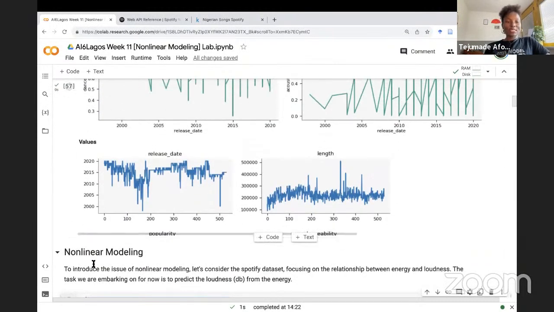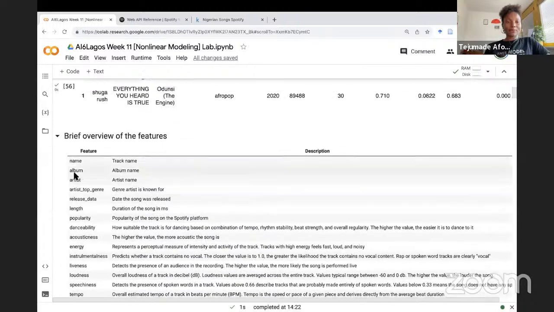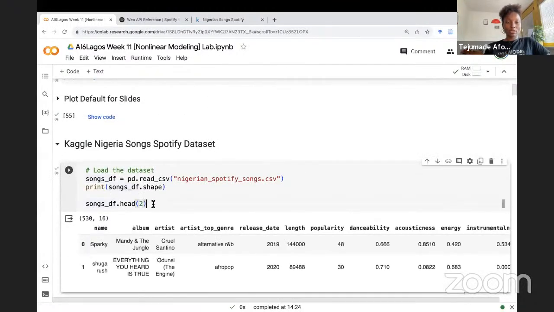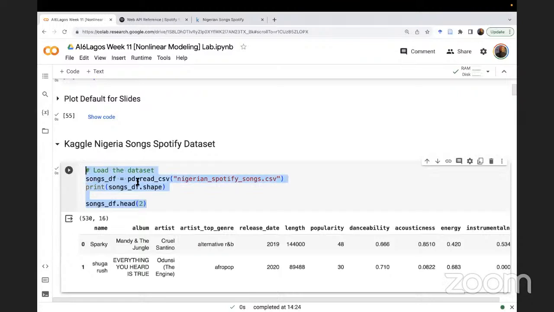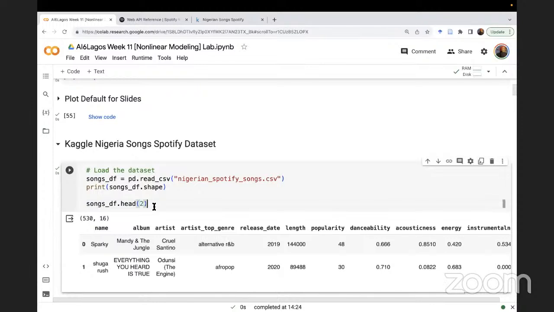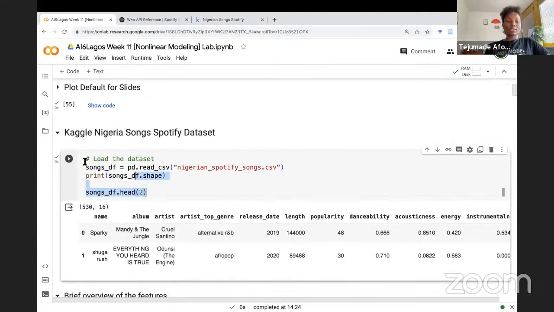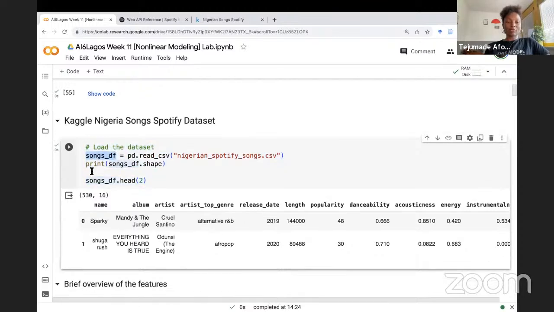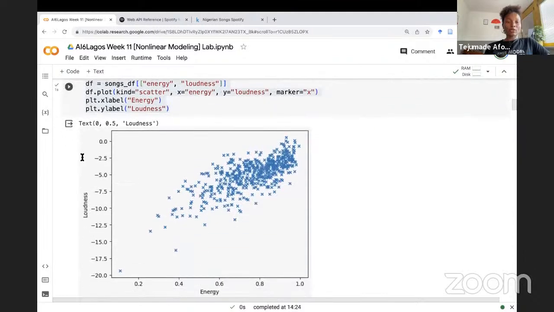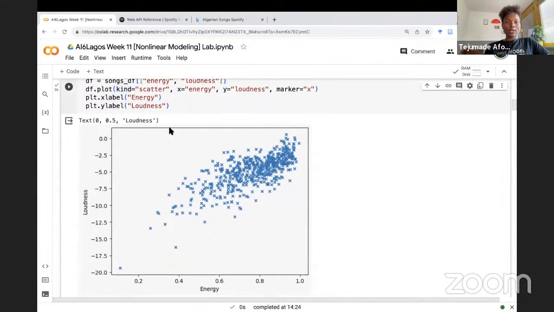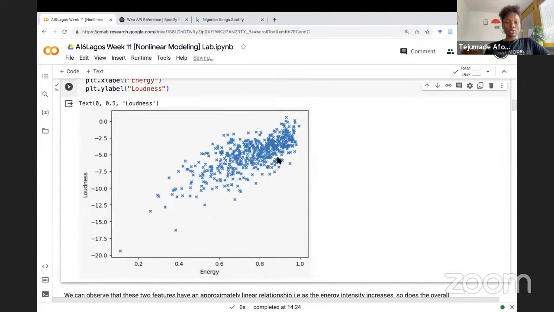Then maybe you forgot to run this one here. You have to run this first. Did you run this cell? It's okay, I can just run it. So run this cell. This would load the data set into songs DF. Once you run that cell, then you can run this cell and it should work. You should now see these plots.